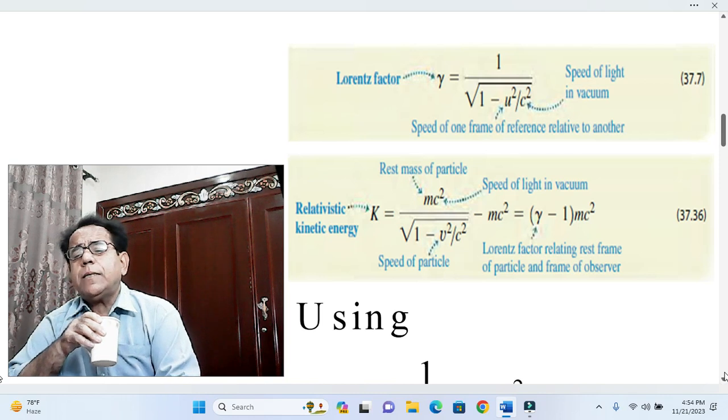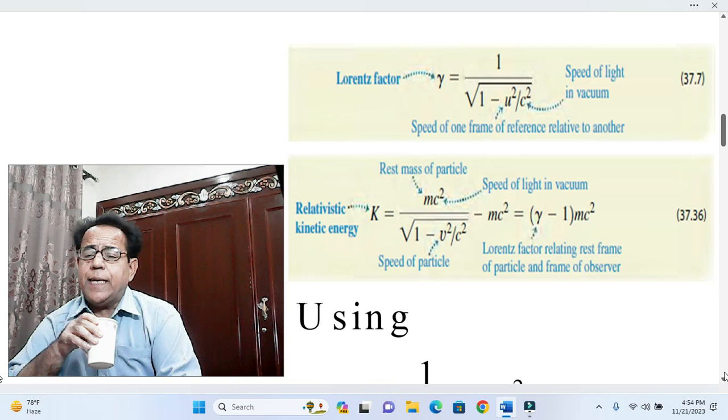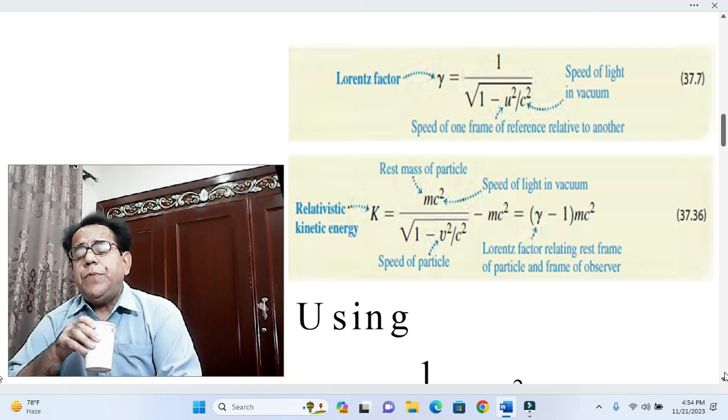Dear students, next snapshot is about relativistic kinetic energy, capital K, or sometimes we may also denote it by capital E with capital K as a subscript.